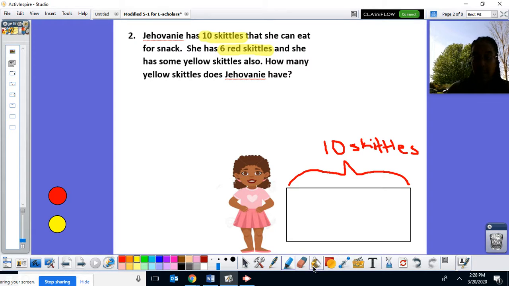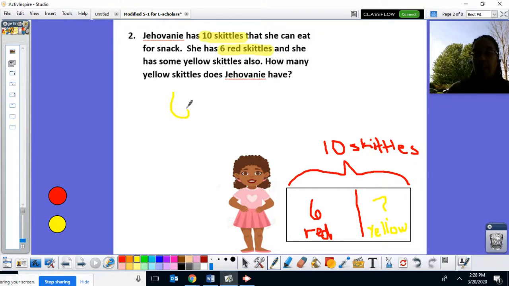So I know that I need to have 6 that are red. So I'm going to go in here and fill in my part whole to say 6, and I'm going to say red. And what's missing is basically my yellow. So I need to know how many yellow Skittles I need to make 10. That is my missing piece.